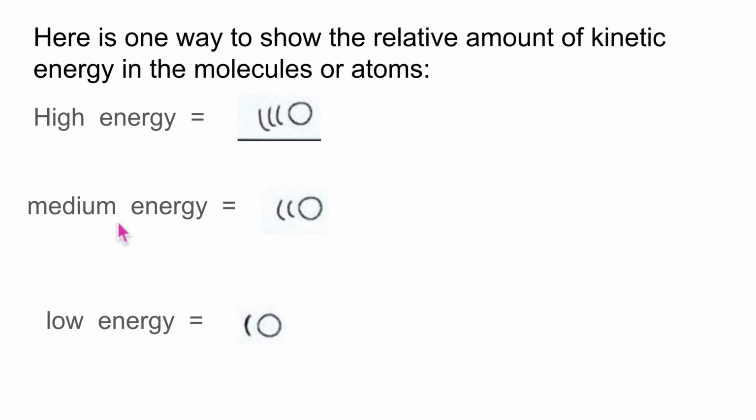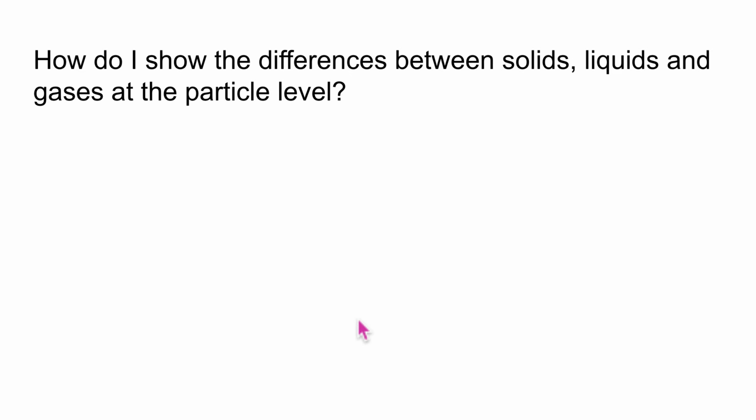And that same substance with medium energy, I might draw a dot with two lines to show one molecule with a medium amount of energy. And if it had low energy, like in a solid or in a chunk of hail, which is solid water, then I might draw a dot with just one little line. So the number of lines would indicate how much relative kinetic energy it has.